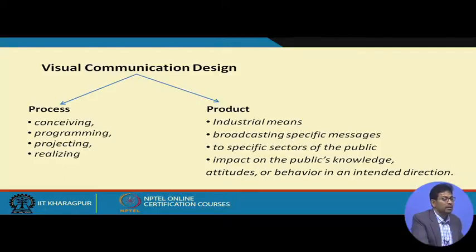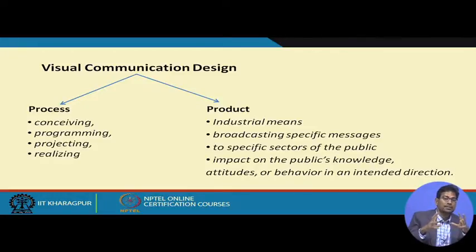Say for example, a newspaper media or a print advertisement or a film or a particular graphic which has been developed, many a times they are produced by industrial means, that is the character of that product. That product broadcasts a specific message, and that specific message is meant for a specific sector of the public. So all of these are characteristics of a particular product.